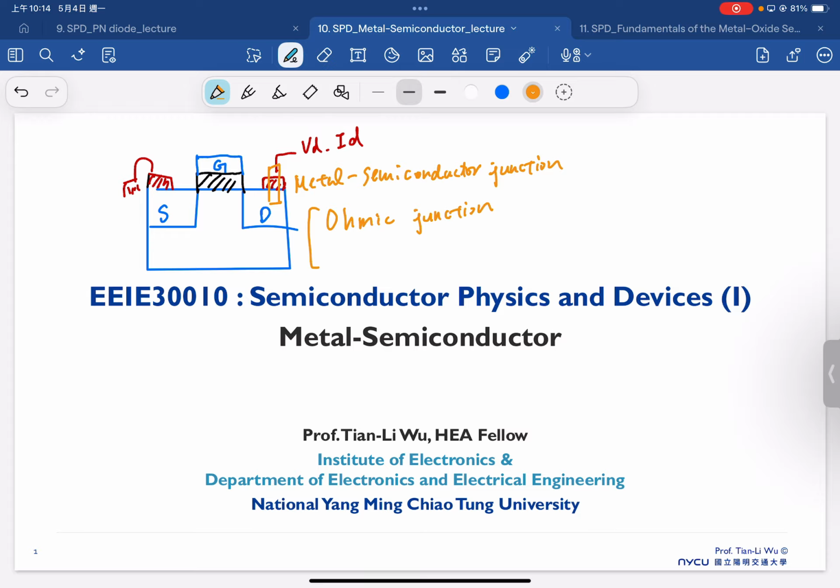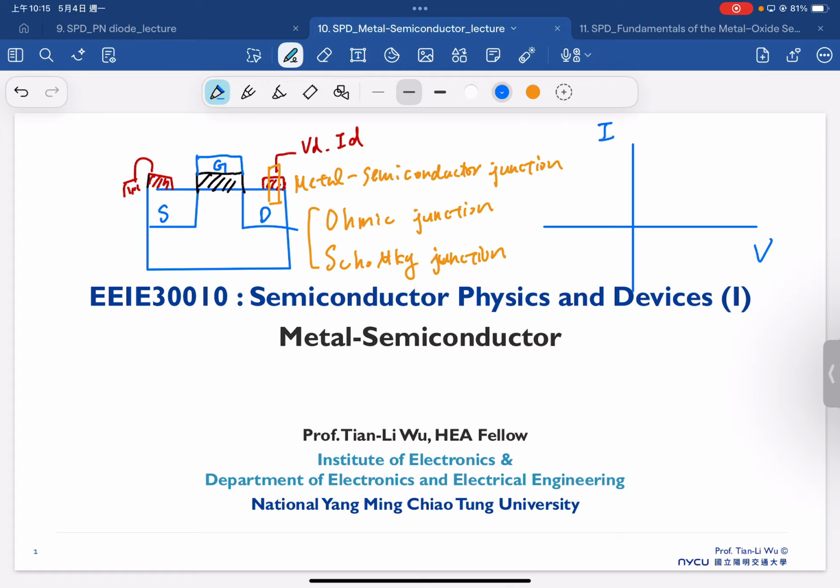And the second one is the Schottky junction. The basic difference is that, for sure, the physics between the Schottky and ohmic is different, but the most important thing is how they influence the IV characteristic. So the expected IV for Schottky and ohmic is shown here.